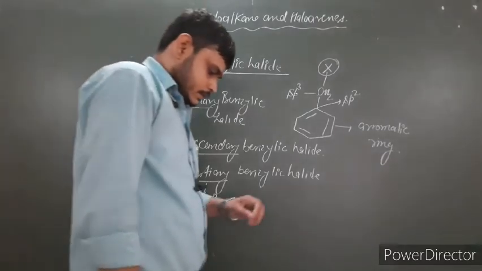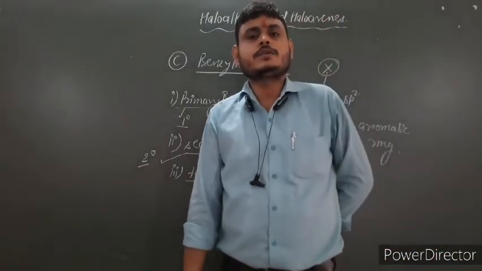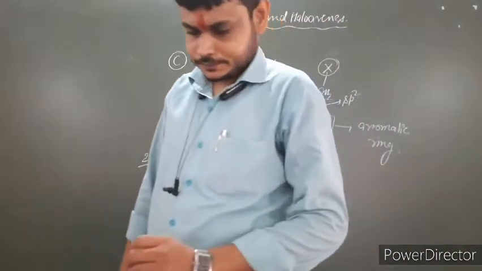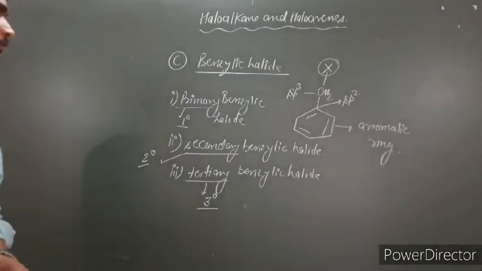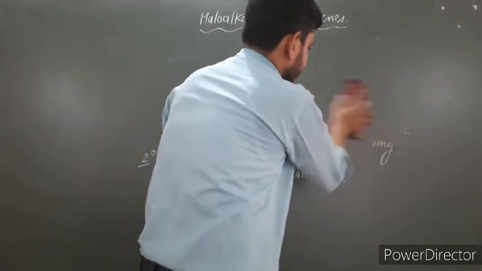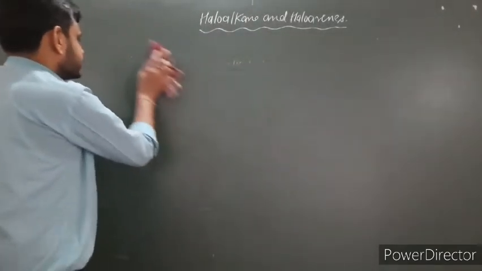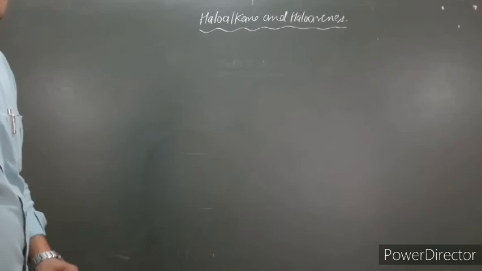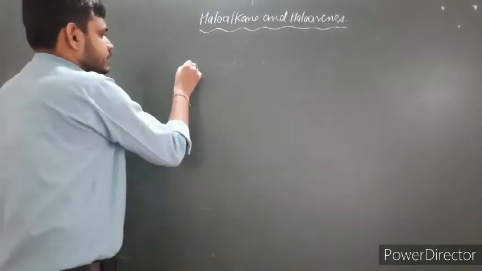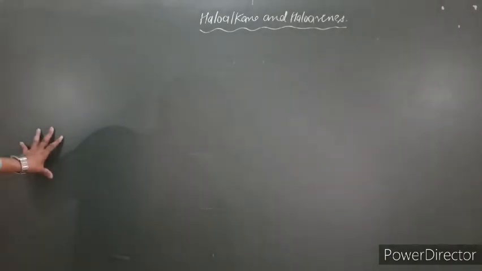This was compound containing sp3 hybridized carbon halogen bond. Clear? The second is the compound containing sp2 hybridized carbon halogen bond. It means classification of halogen derivative on the basis of hybridization of carbon atom.